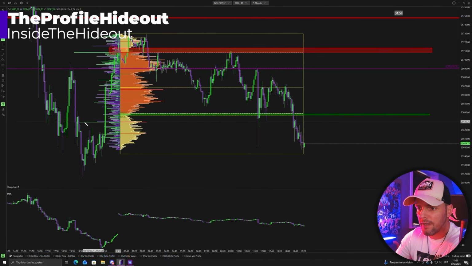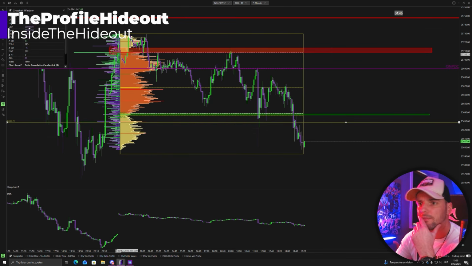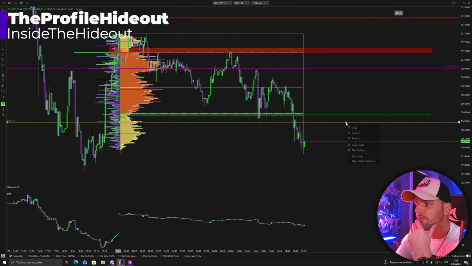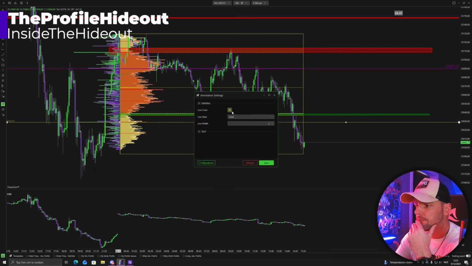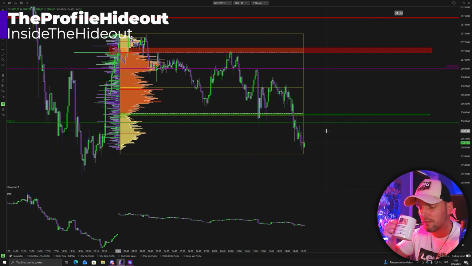You can see huge buying going on at this level, this higher volume node here. This basically becomes an area of interest. As long as we can't get acceptance above, I don't really want to look for longs. I probably want to look for shorts.